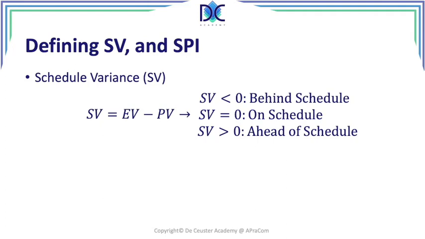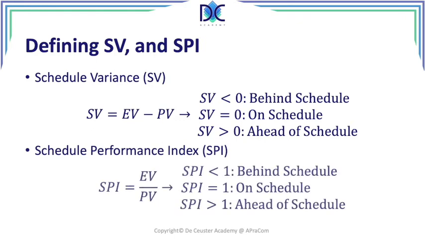Then we also have the schedule performance index, which is given as the proportion of EV and PV, so EV divided by PV, earned value divided by planned value. We see an SPI smaller than 1 when we are behind schedule, an SPI equal to 1 when we are on schedule, and an SPI larger than 1 when we are ahead of schedule.